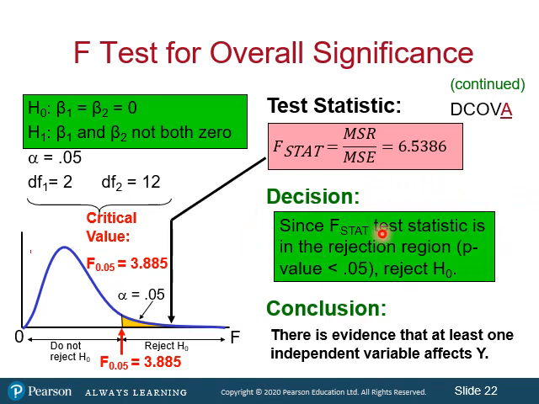Since the F-stat is in the region of p-value less than 0.05, reject H null, because 6.5386 is actually in this region. So the conclusion is there is evidence that at least one independent variable affects y.